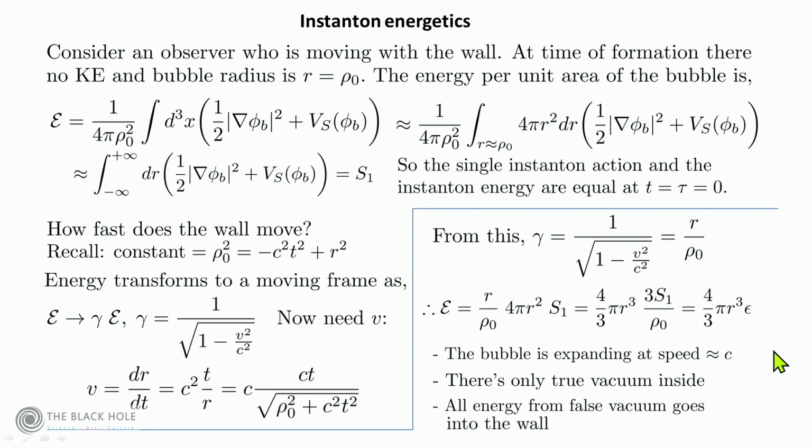All the energy from the false vacuum has gone into the wall. And that's very interesting. It's saying that all the energy has been used up, and none is lying around creating useless particles. So it's a smooth transition.